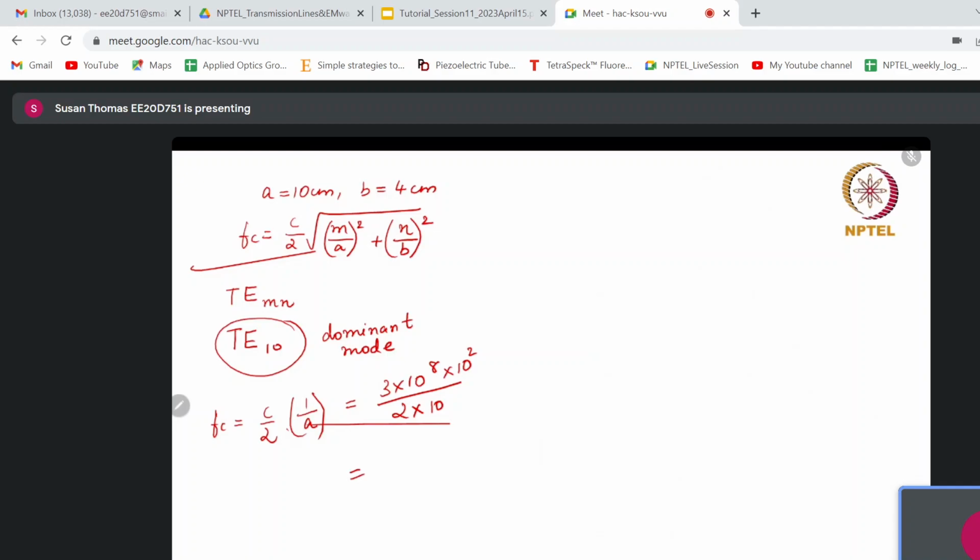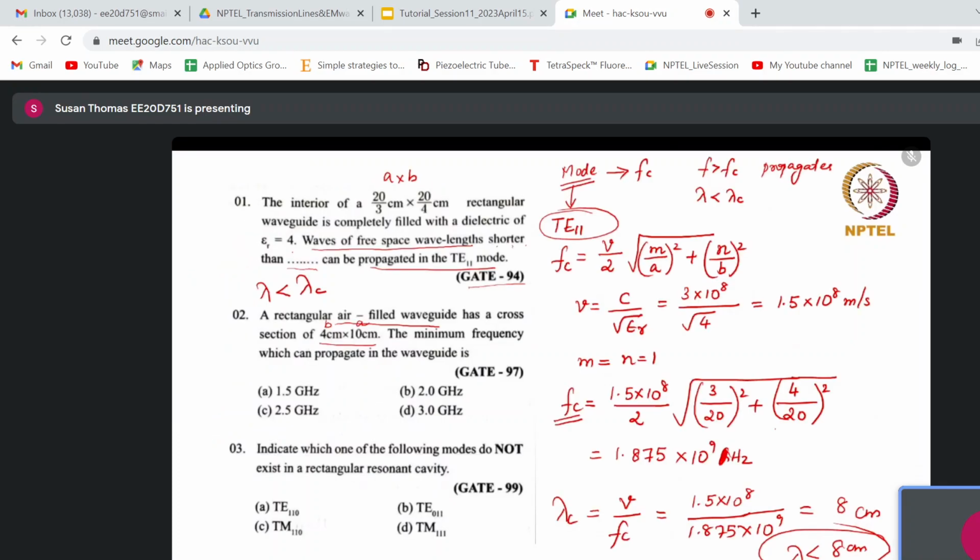So what we get is 1.5 gigahertz. Okay, so we calculated the cutoff frequency, and that is going to be the minimum frequency which can propagate. So this is option A, 1.5 gigahertz.